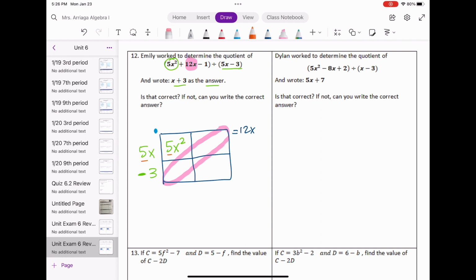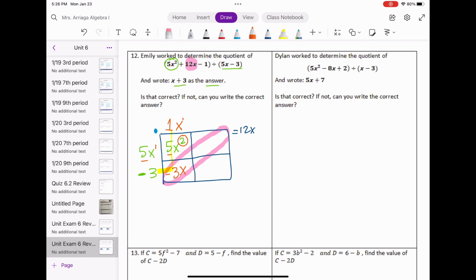So 5 divided by 5 is 1. We want 2 x's. We have 1, so we need 1 more. All right, now that we have that top term, the first part of our answer, let's multiply. So 1 times negative 3 is 3x.